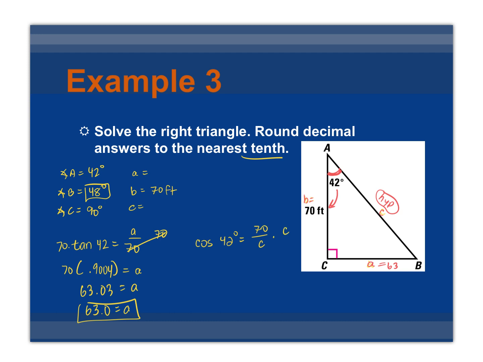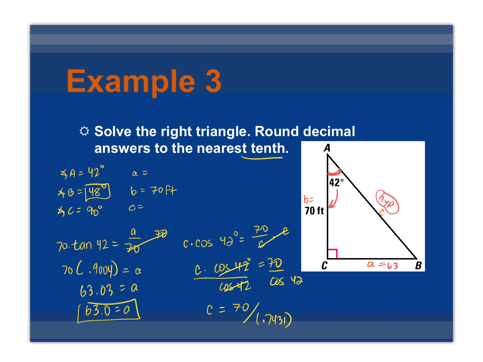So side c times the cosine of 42 equals 70. If I divide both by the cosine of 42, I'm going to be able to get the length of side c. So side c equals 70 divided by the cosine of 42.